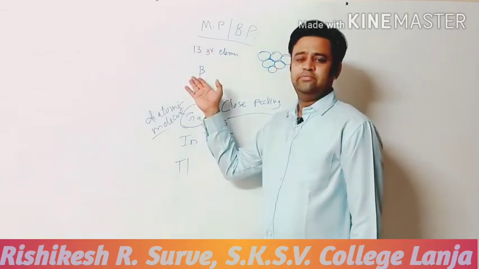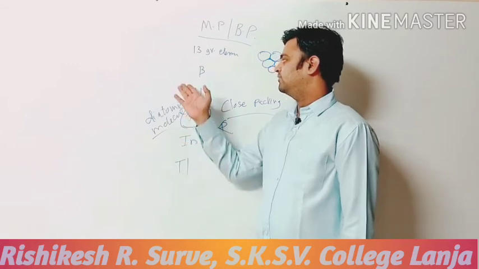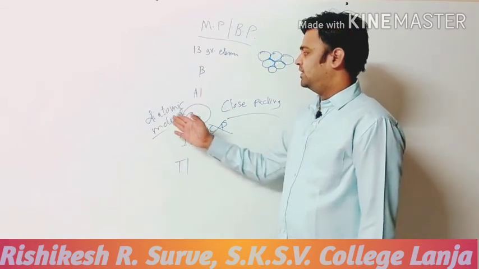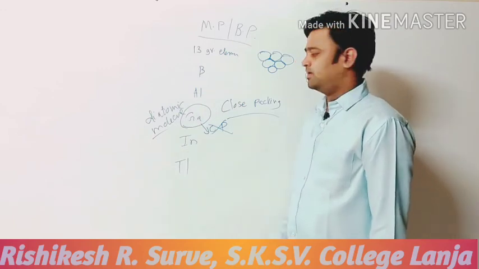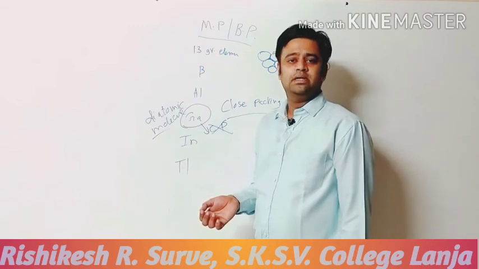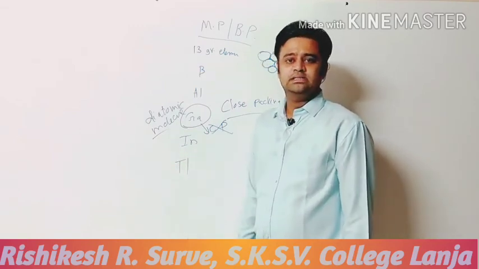Boron definitely has a high melting point. Aluminium, gallium, indium: from here onwards, the melting point decreases. Gallium is present in a diatomic state rather than close packing. Therefore, gallium has the lowest melting point in the series. And then for thallium, the melting point again increases.